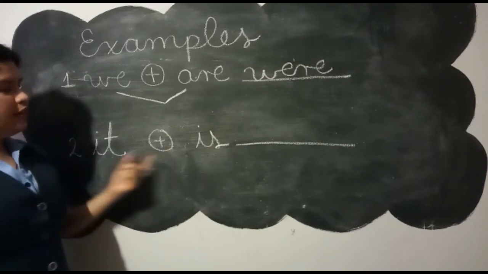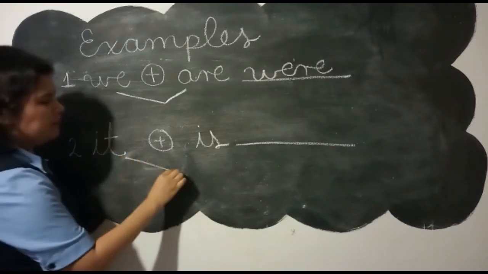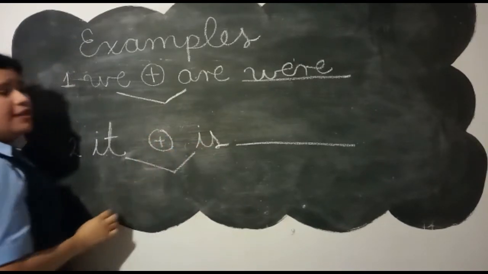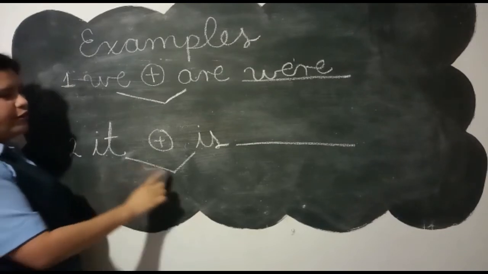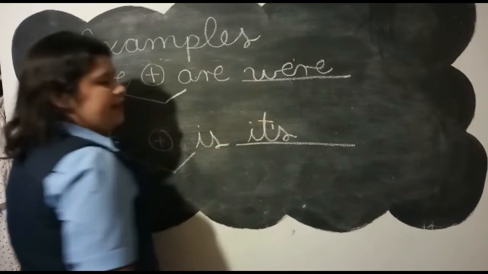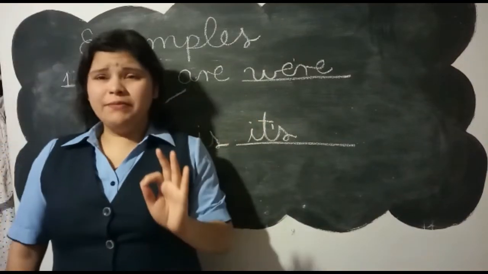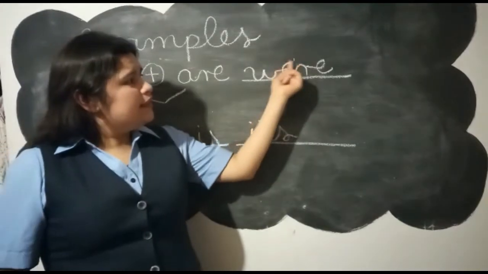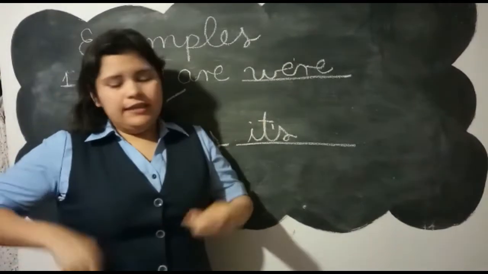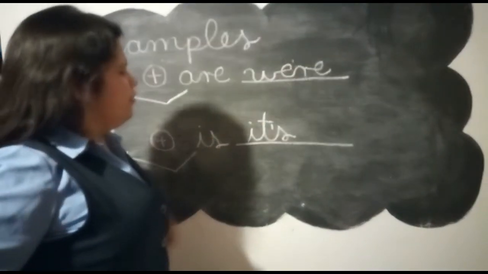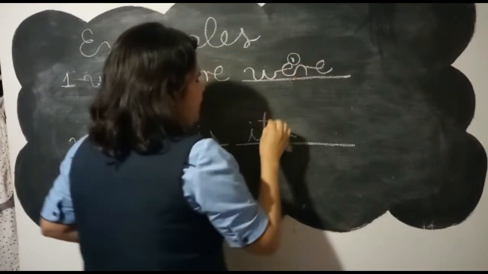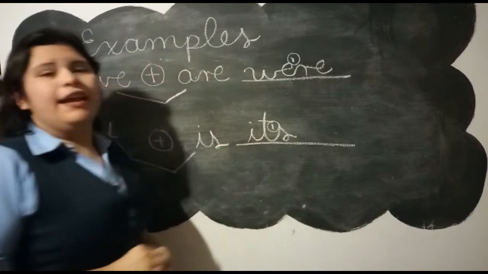We will join it with is. So our contraction is going to be it's. And it's very important for you that in both cases we have the apostrophe. So I will circle it for you to take in account. We're and it's.